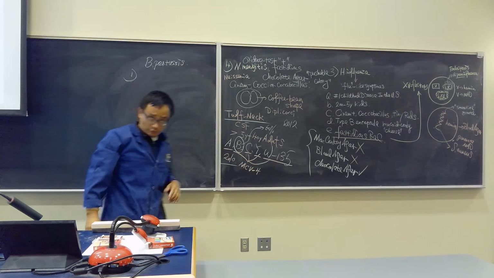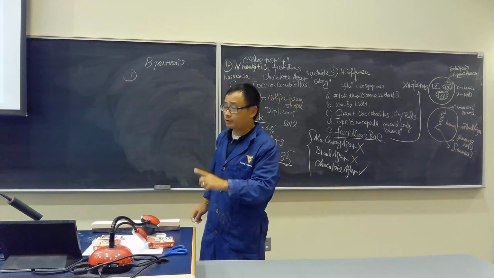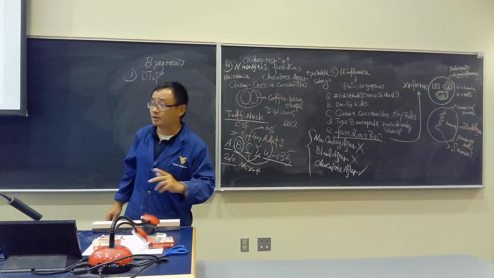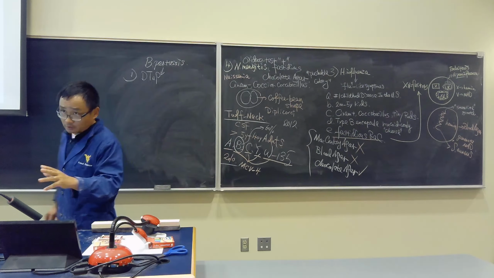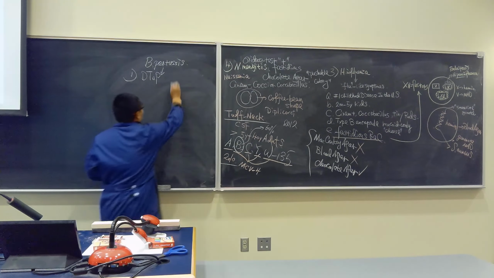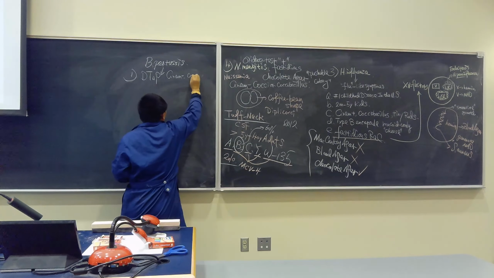First of all, it shouldn't be a problem in the United States because the DTaP vaccine covers Bordetella pertussis, so it shouldn't be a big problem. Same thing, this is a gram-negative coccobacillus. Not surprising, lots of these are gram-negative coccobacilli.